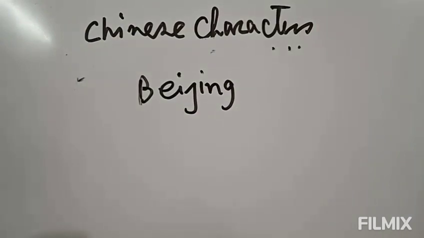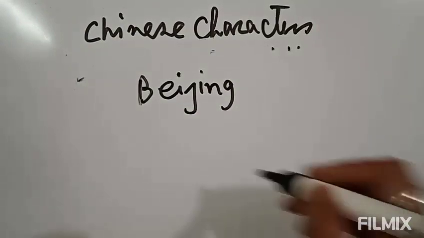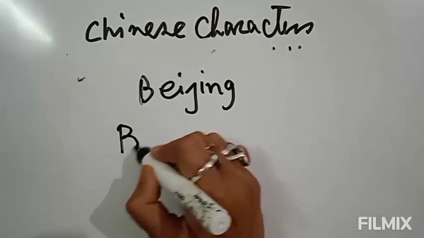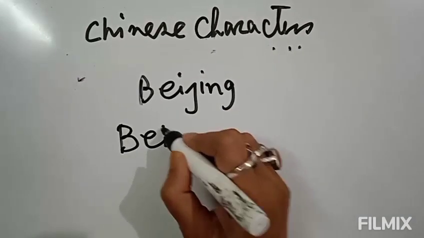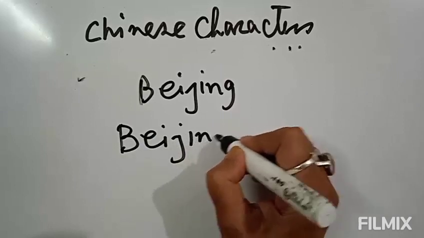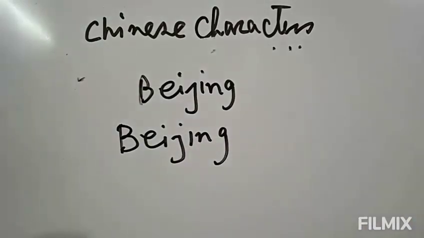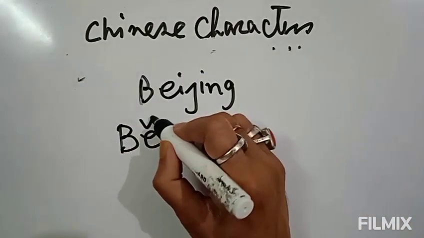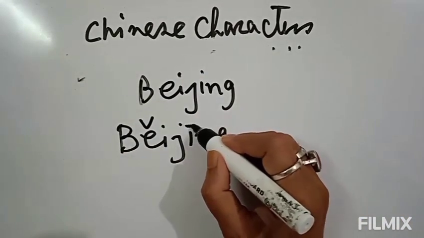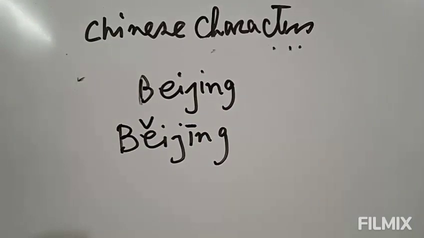Now the pinyin of Beijing. The pinyin of Beijing is Beijing. The pronunciation is Beijing. B is Po. Okay, Beijing.